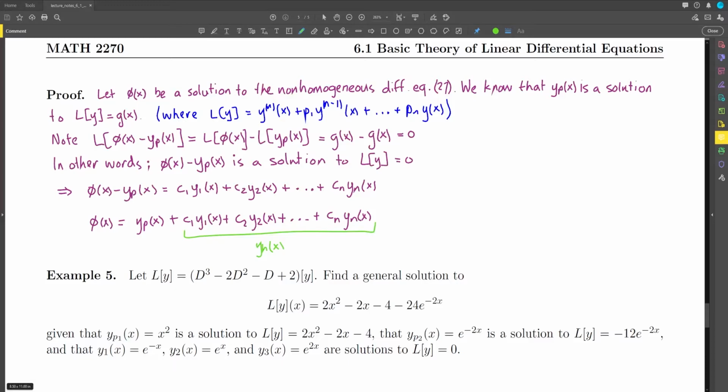Furthermore, we're given that y1 of x equals e to the power negative x, y2 of x equals e to the power x, and y3 of x equals e to the power 2x are all solutions to the homogeneous differential equation.